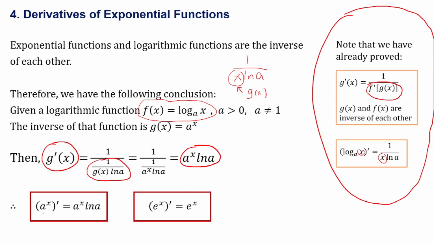Specifically, when the base number a equals e, that gives us the derivative of e^x equals e^x times ln e. ln e is 1, right? Therefore, the derivative of e to the power of x is itself, which is also e to the power of x, right?